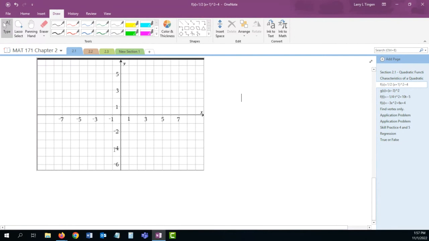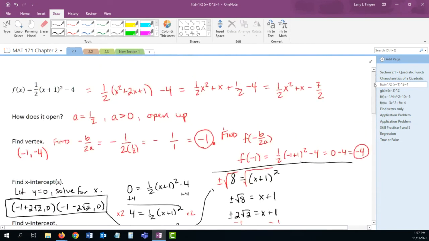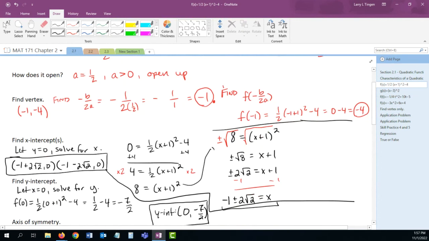All right, -1, -4 is here. I am opening up. So vertex is here. X-intercepts. I have x-intercepts at -1 plus 2 times √2 and -1 minus 2 times √2. This is when graphing that number might be a pain in the neck. So we'll figure out what these are.